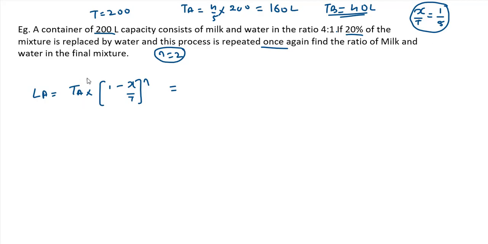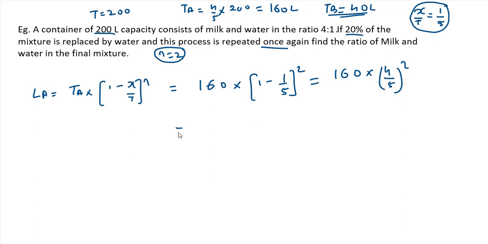The initial quantity of A is 160 into (1 minus x by t, which is 1 minus 1 by 5) the whole squared. So this will be 160 into (4 by 5) the whole squared. From here we'll get 160 into 16 by 25.